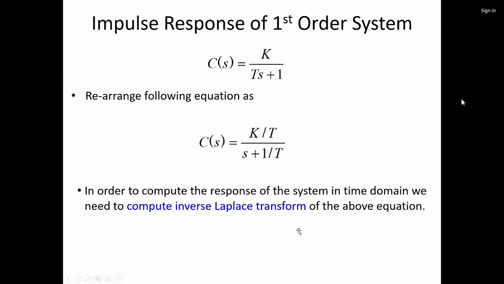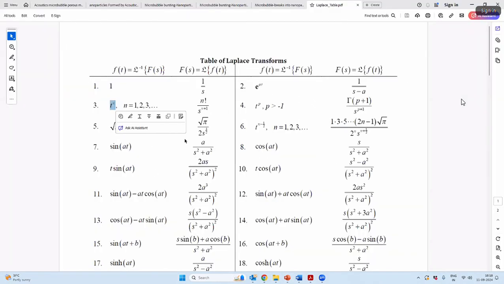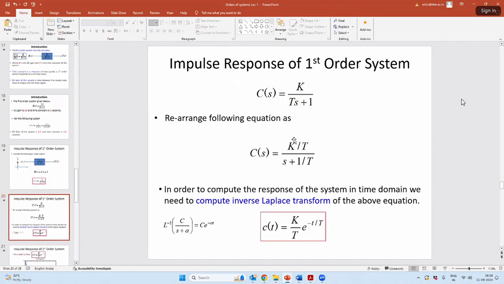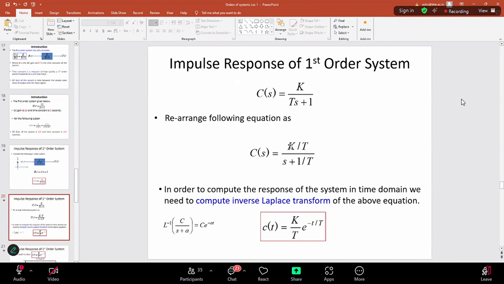Now, as I was telling you, if you go to this table, you have a function which is similar to 1 over s minus a. This K by T is basically like a constant, because K is the gain and T is the time constant. So this is a constant as far as time and frequency are concerned. 1 by T is also another constant, and then you have frequency.